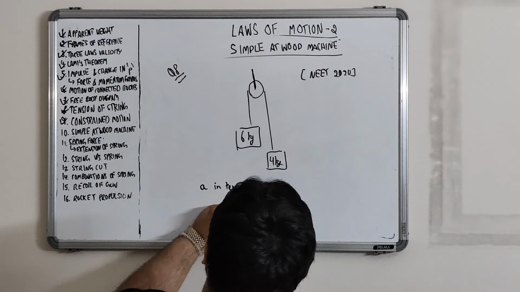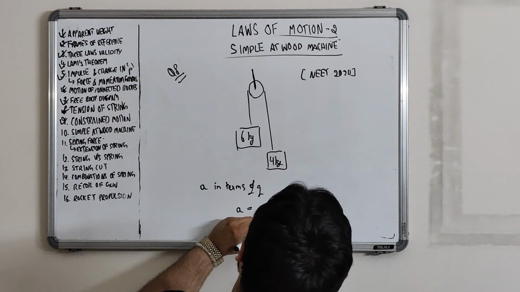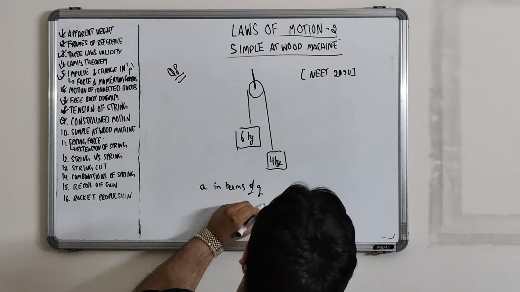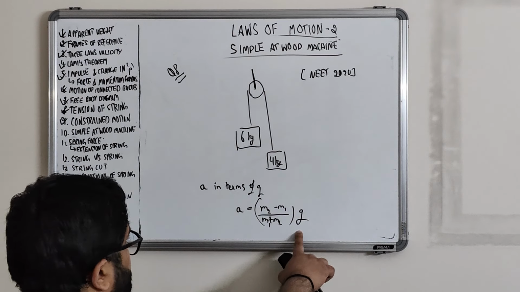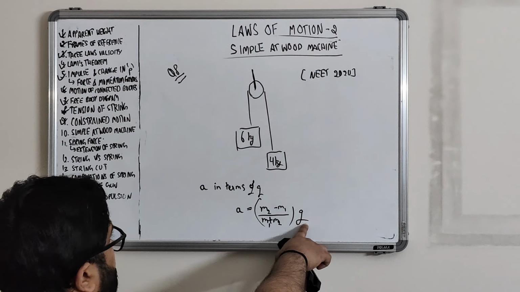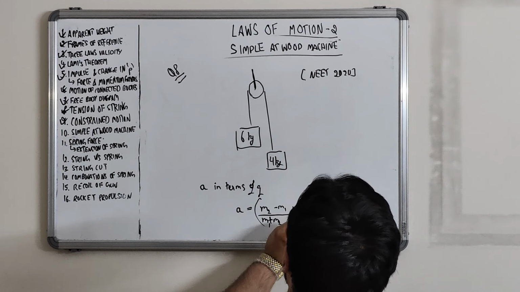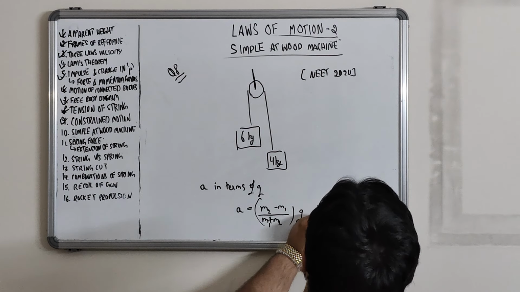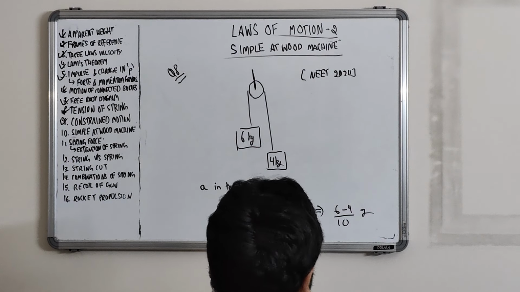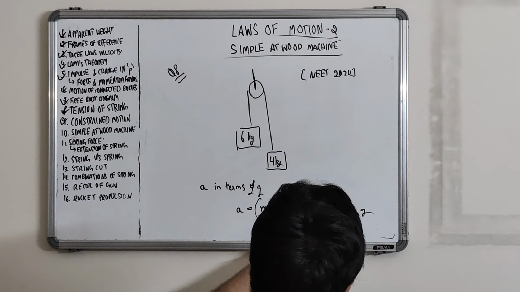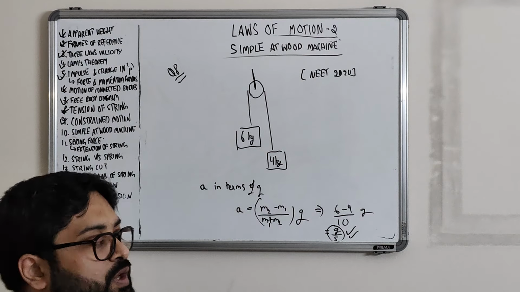What was the formula? m2 minus m1 upon m1 plus m2 into g. We have to calculate in terms of g, so let's just keep this g as it is. m2 is basically the greater weight, so this comes out to be 6 minus 4 upon 10 g, right? So 2 by 10, so g by 5. This is the answer. Simple.